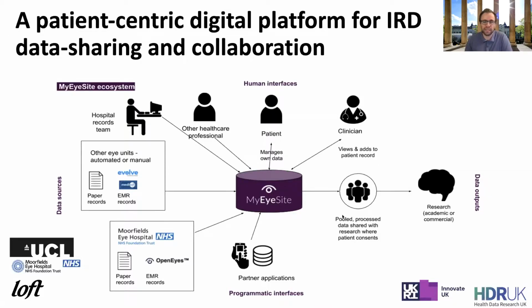MyEyesight is an app on your phone, and it allows patients to request their data from the hospital and link it from different hospitals, because if you're seen in different hospitals in the UK, your data is not automatically joined. You have to manually request it from different hospitals and centralize it to be able to join it.